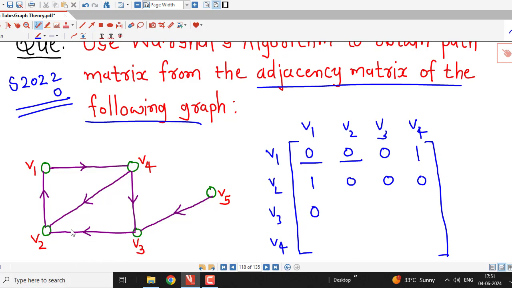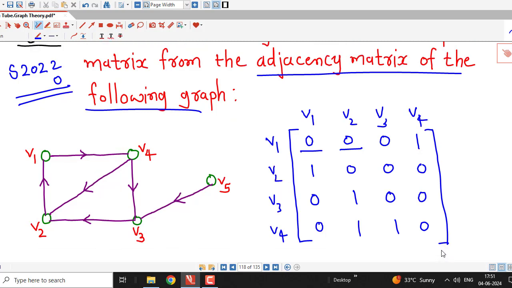From V3 to V2 we have one edge, there is no edge from V3 to V3, and from V3 to V4 also there is no edge. Then from V4 to V1 also there is no edge. From V4 to V2 we have one edge. From V4 to V3 also we have one edge, and from V4 to V4 there is no edge.